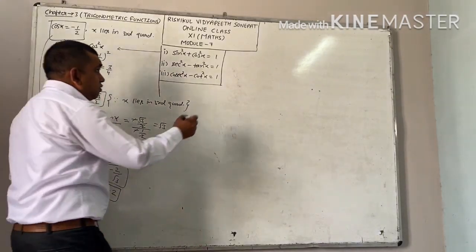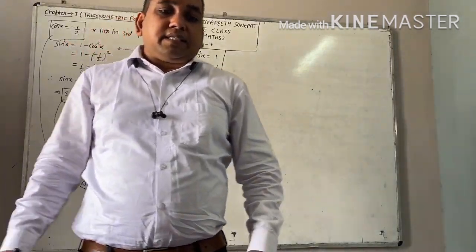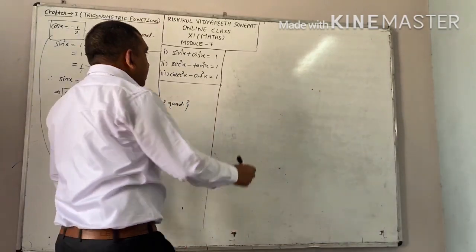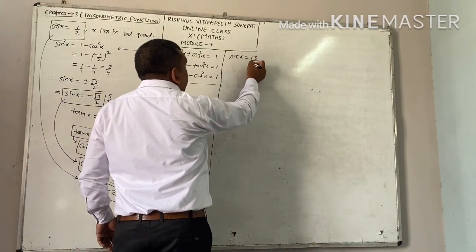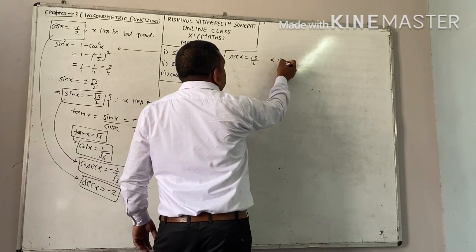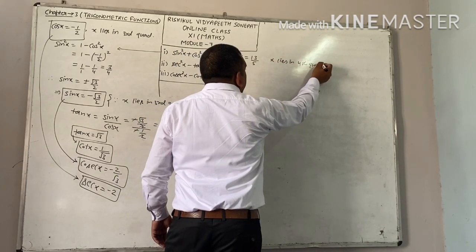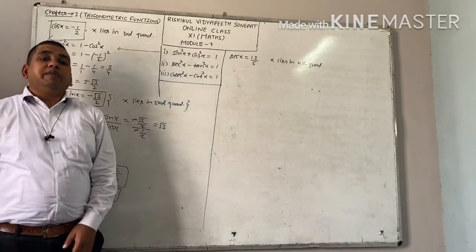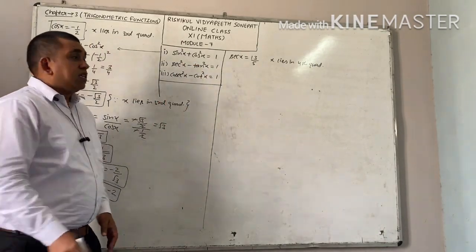Now see one more question of this type. Now I am taking secant x equal to 13 by 5 and x lies in the fourth quadrant. And I have to find out the value of the remaining 5 trigonometric functions. You know the value of secant x.